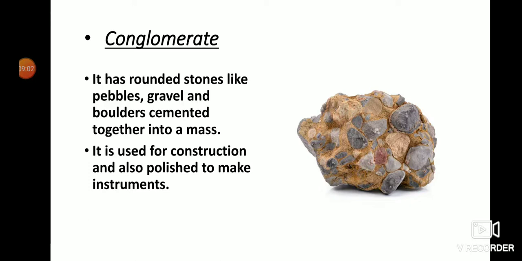That means things like pebbles and gravels are carried away by agents over a far distance, and when these materials accumulate in a riverbed, sea beaches and glaciers, these boulders are cemented together into a mass. It is used for construction and also polished to make instruments.